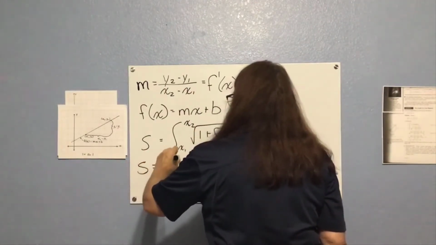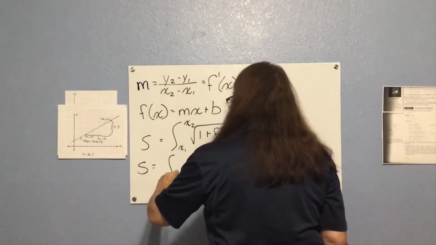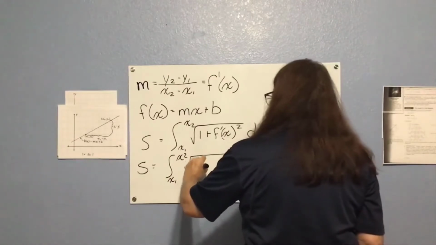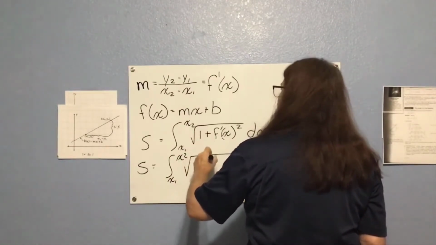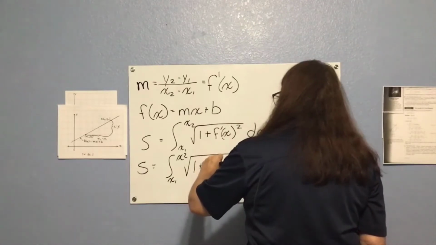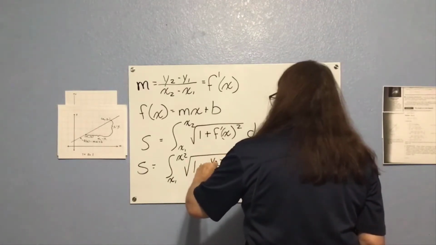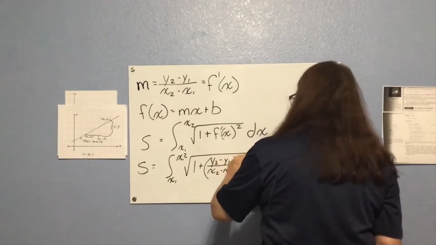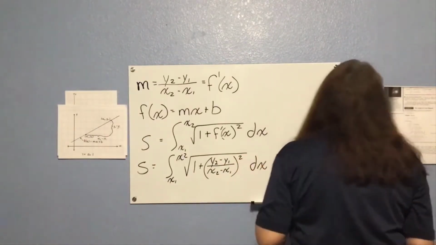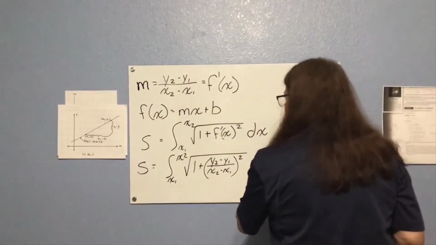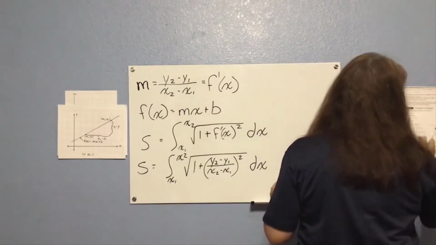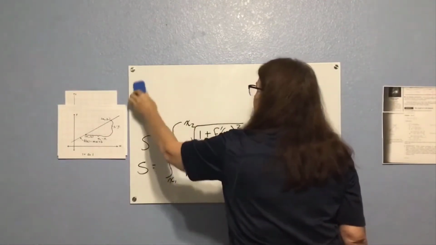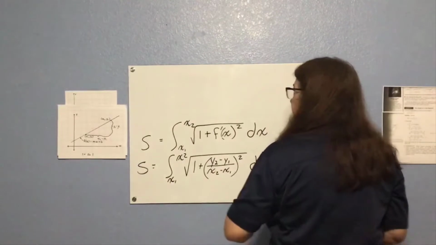And I have s is equal to the integral from x1 to x2, square root of 1 plus y2 minus y1 over x2 minus x1, all of that squared dx. Okay, now we're going to rewrite the 1 so we can have a common denominator.